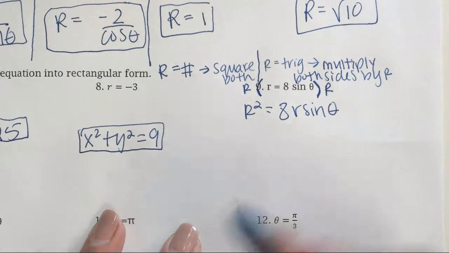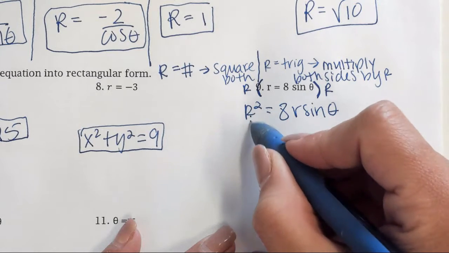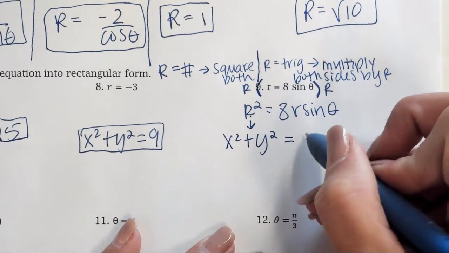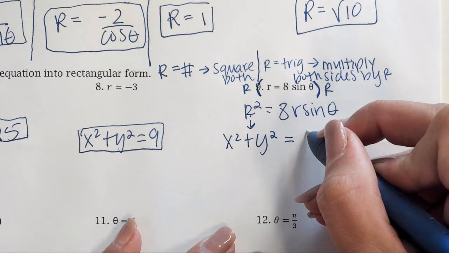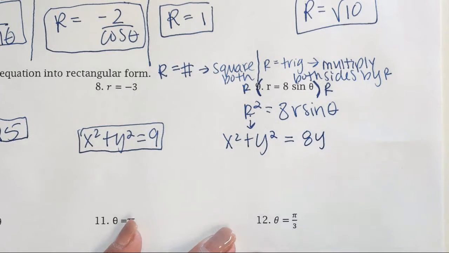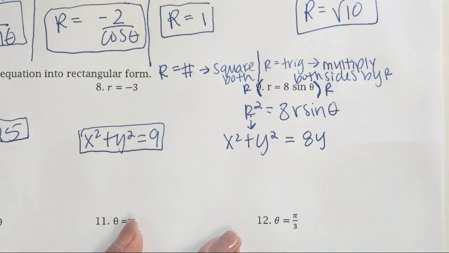Y. Very good. So what do we replace r squared with? Good. What do we replace this side with? The 8's going to stay there, but it's going to be 8 what? Very good. 8y. Alright, here's where it gets tricky.